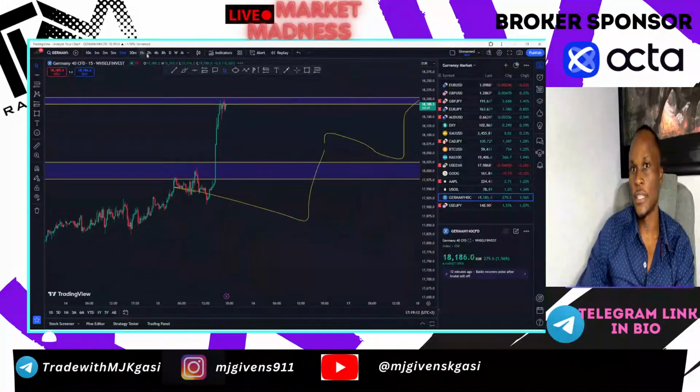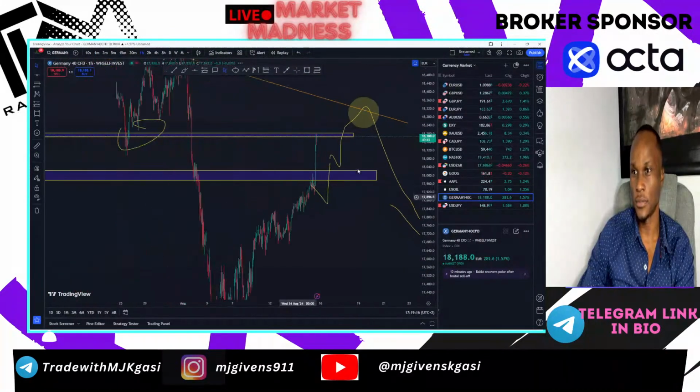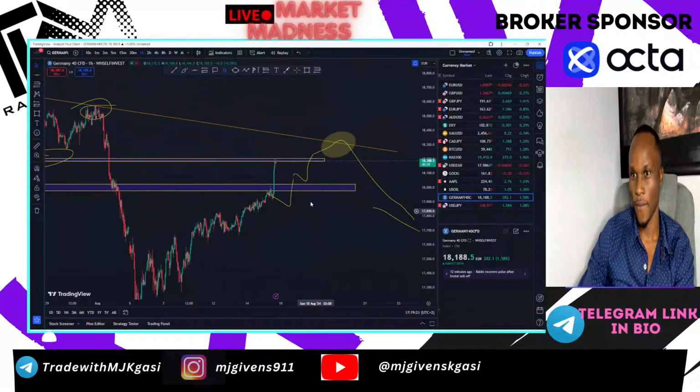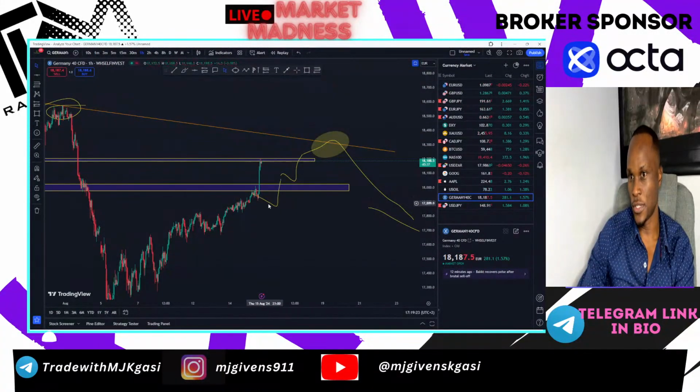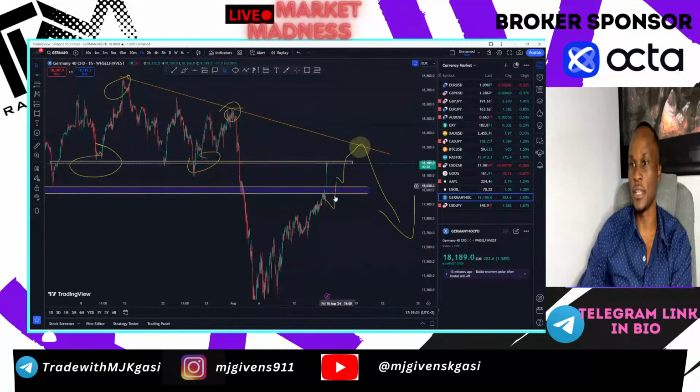So this is German 40 that we wanted in the morning. We wanted to see if maybe we can buy at this level here, go to the upside. As you see, it went straight up, but we were bullish on it, and we said maybe from here that's when we can sell. So yeah.